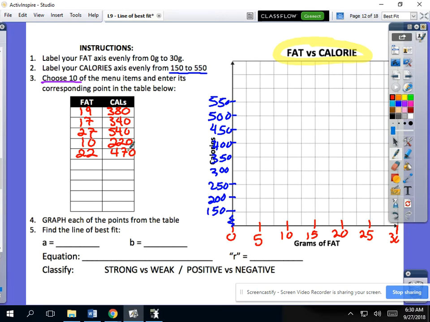Then 13 and 310. Then 14 and 270. Then 23 and 430. And 14 and 320. And last but not least, 21 and 470.